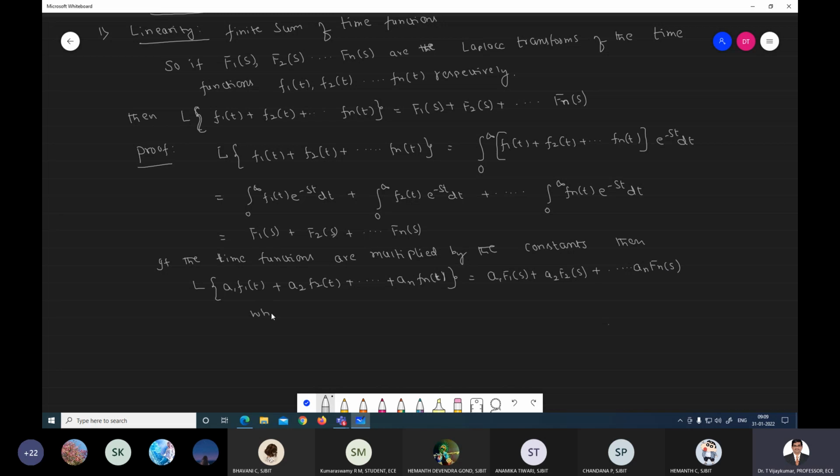So here a1, a2, a3, etc., an are the constants.